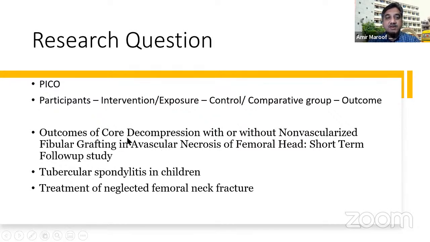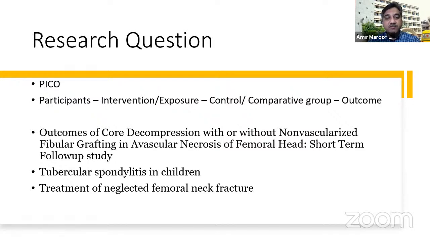So that is the intervention. And control is those without non-vascularized fibular grafting. And the participants are those who are having avascular necrosis of femoral head. And the outcomes, it is mentioned the outcomes.